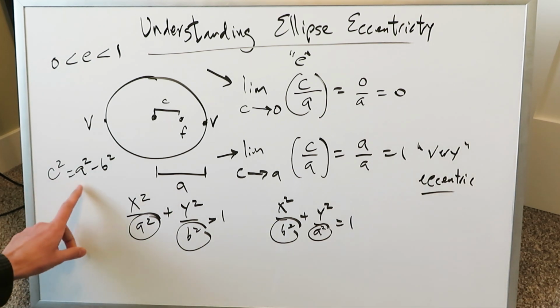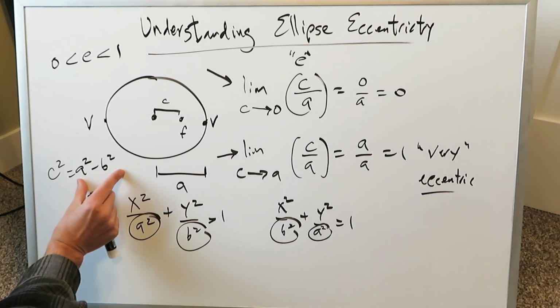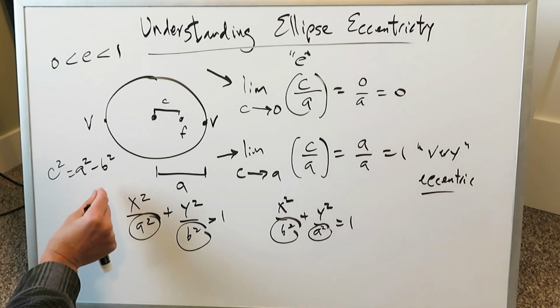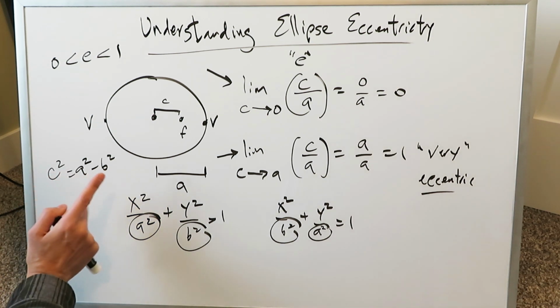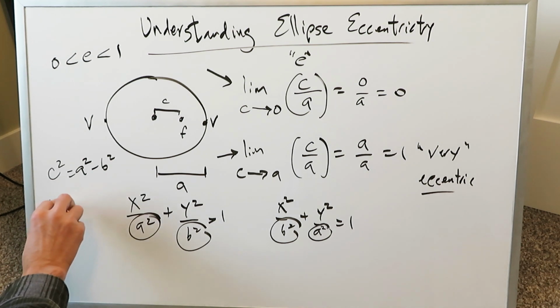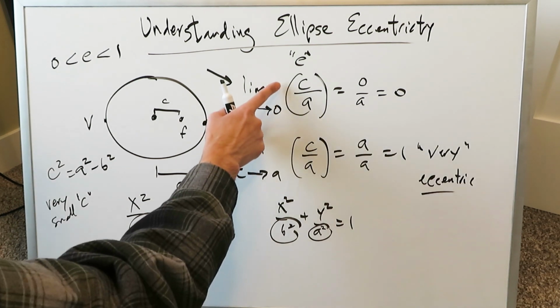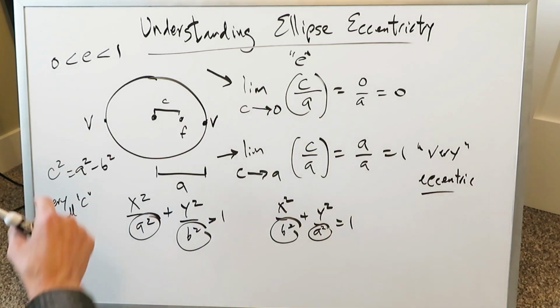Think about it in this way. If c square is always representing the difference between a square and b square, if both a square and b square are very close together, then that difference is very small, then the square root of that difference is very small, and you end up having a very small c value. If you have a very small c value, you'll be looking at a situation like this, because it'll be approaching 0.